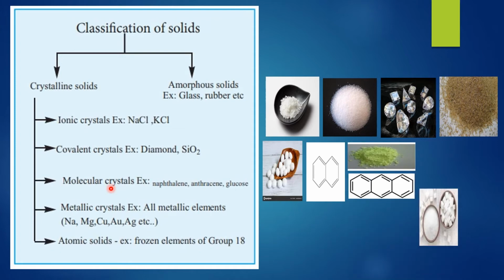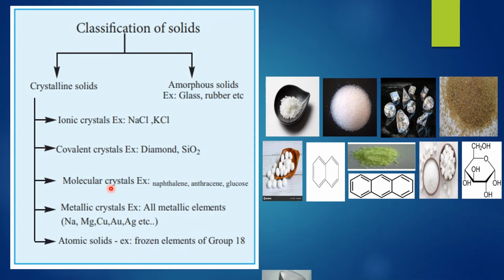Next we will go to the molecular crystal. The point at which an atom or ion or molecule is located is called a lattice point. In a molecular crystal, the molecules are present at the lattice points, so we call it a molecular crystal. Examples are naphthalene, anthracene and glucose.